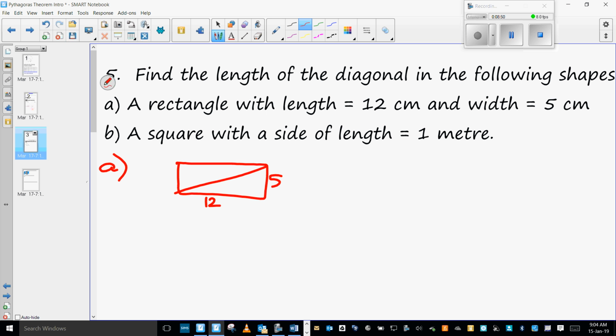Now, Pythagoras' theorem only works for right-angled triangles. So can we see we've formed ourselves two triangles here? Are they right-angled triangles? That's our next question. Yes, because in a rectangle, all of the angles are right angles, aren't they? I've only marked two of them, because the other one's been cut up.